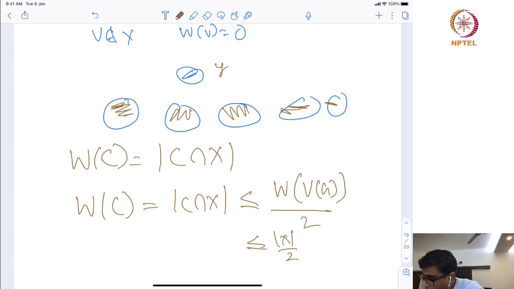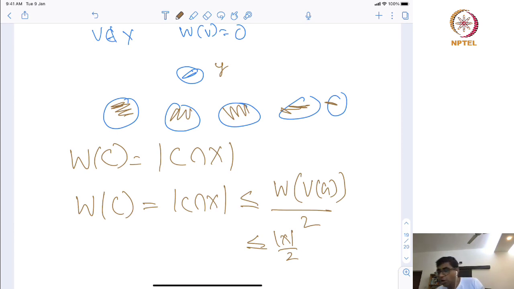Now, if I delete this single vertex, it could belong to X or not, it does not matter.